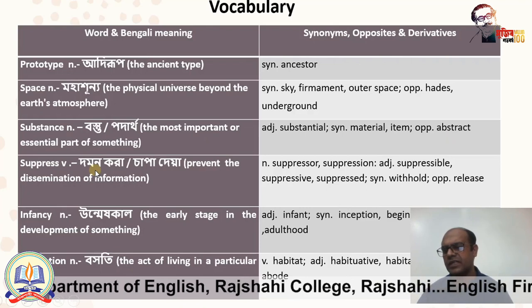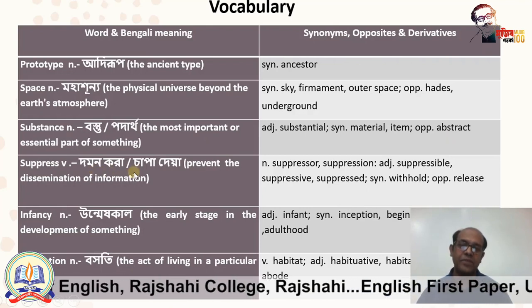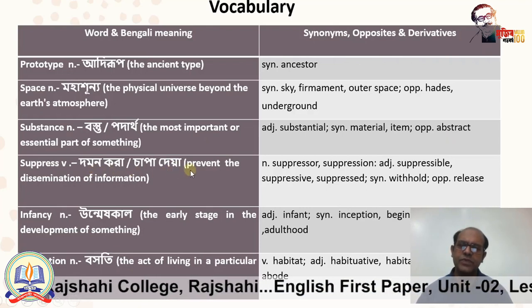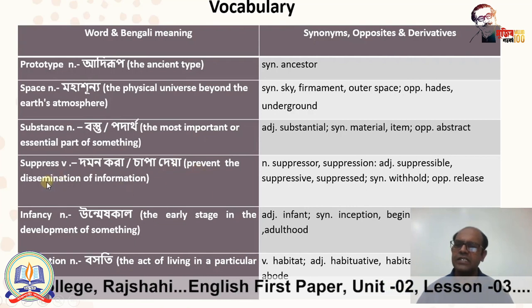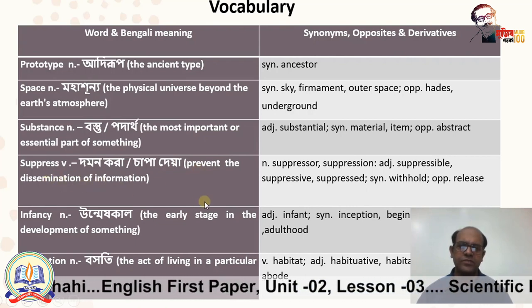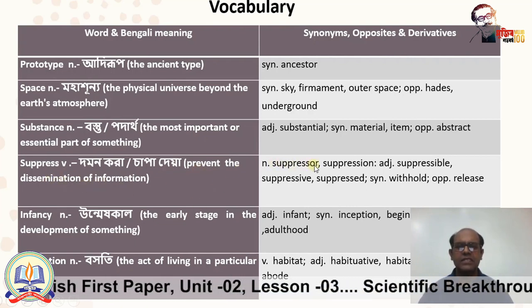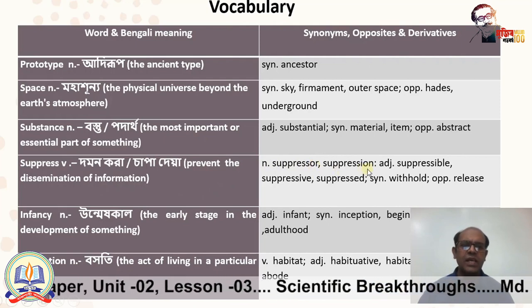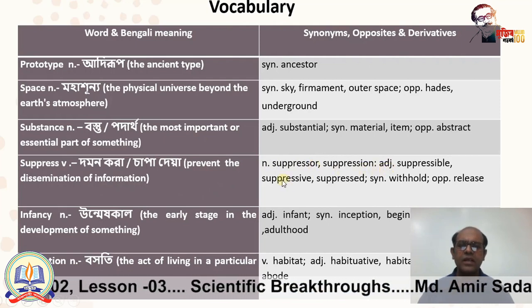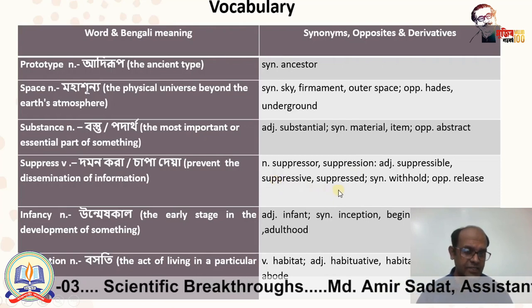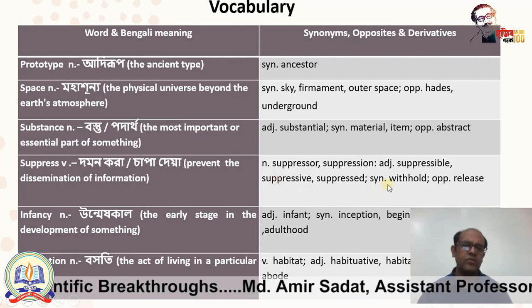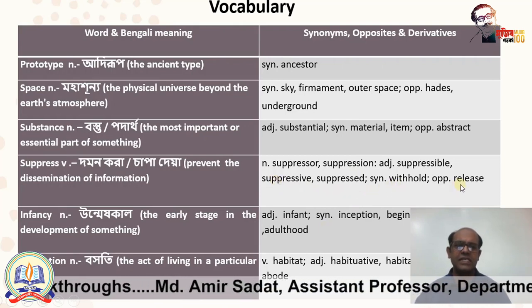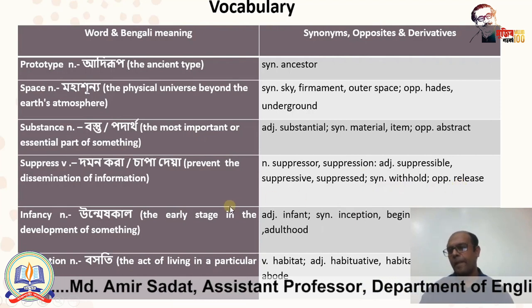Suppress is a verb. Its Bengali meaning is damon kora ba chapa deya. Its English meaning is prevent the dissemination of information. Its noun is suppressor or suppression. Adjective is suppressible, suppressive, suppressed, and its synonym is withhold, and opposite is release.